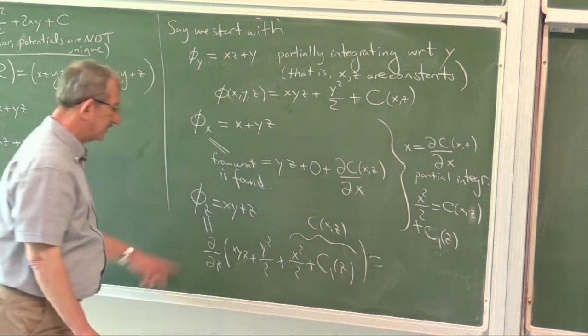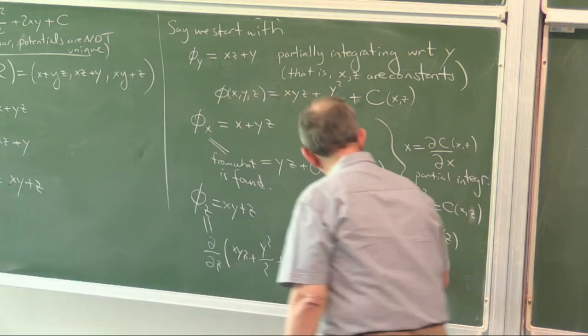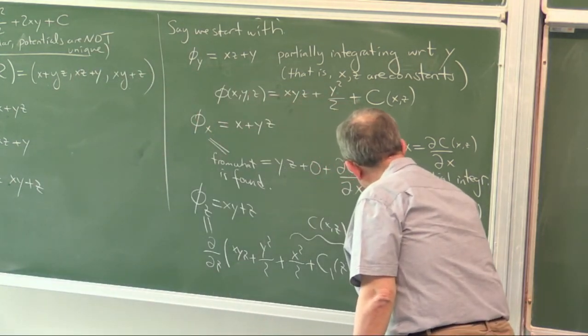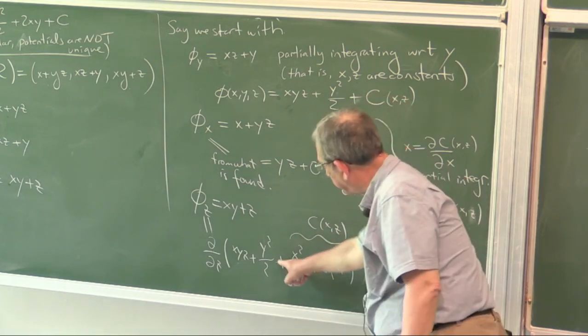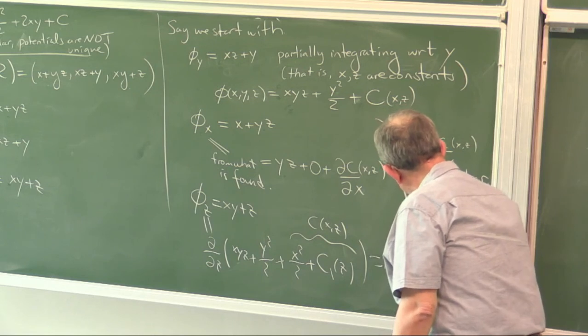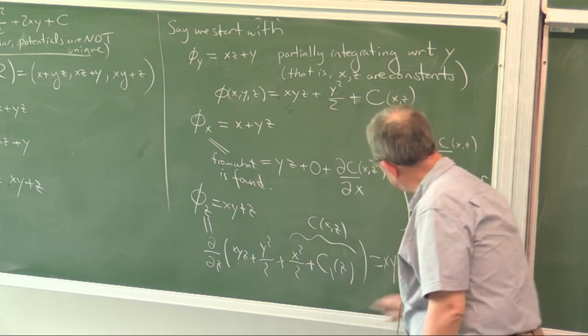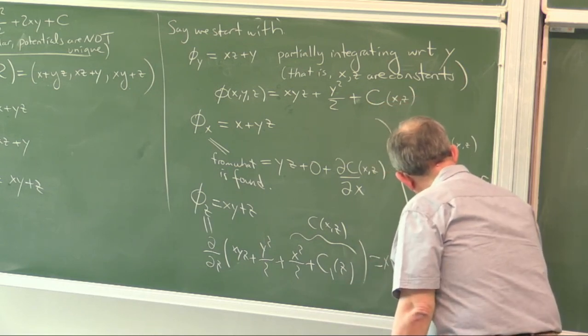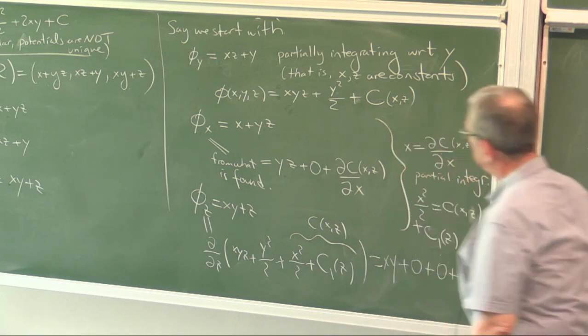And this tells me, with respect to z, I have xy plus 0 plus 0 plus derivative of c1.